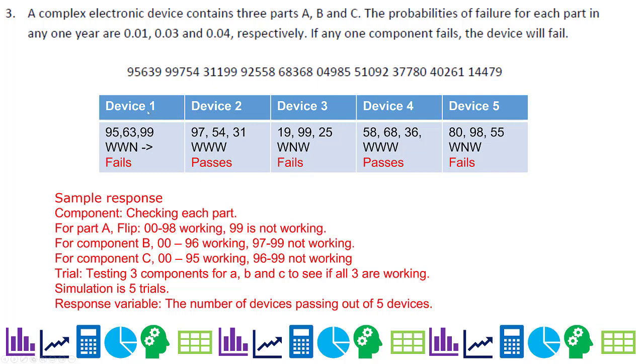So device 2 is working, device 1 is not. Device 3 fails. Device 4 passes because none of these are very high. Device 5, we have that 98, which falls into the not working for device B. So that one fails. So depending on how you set it up, that can affect what is a pass or a fail for the whole device.